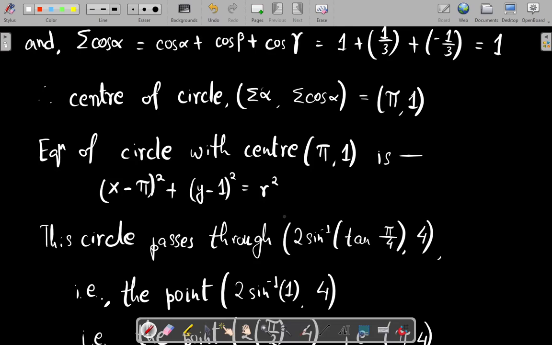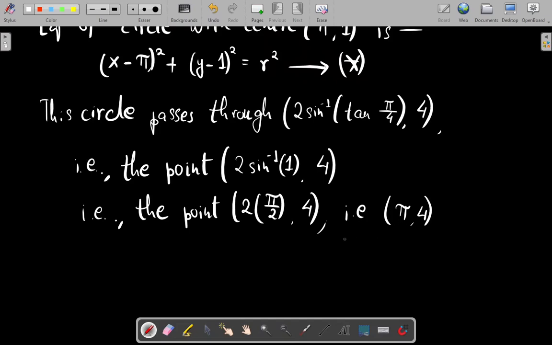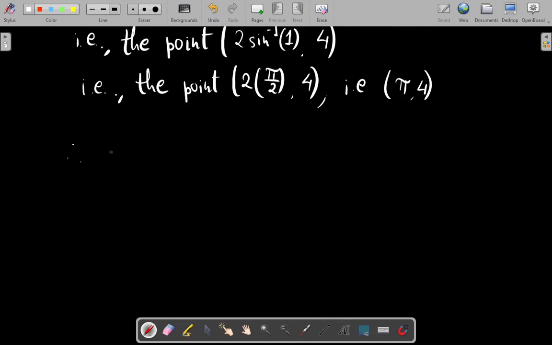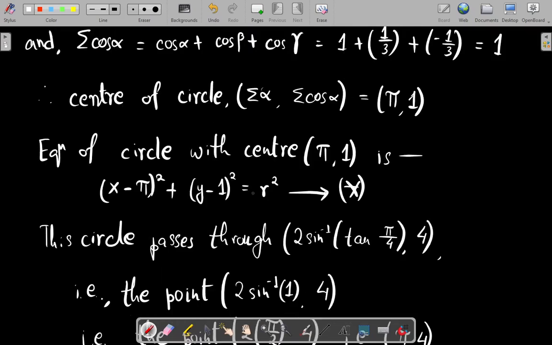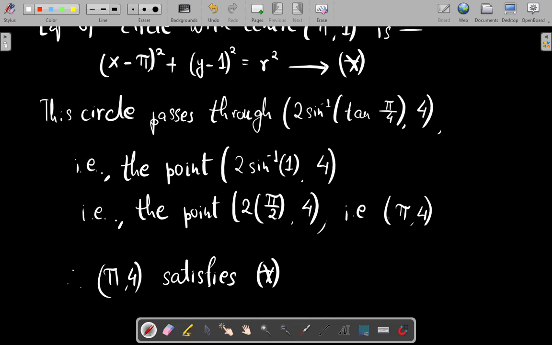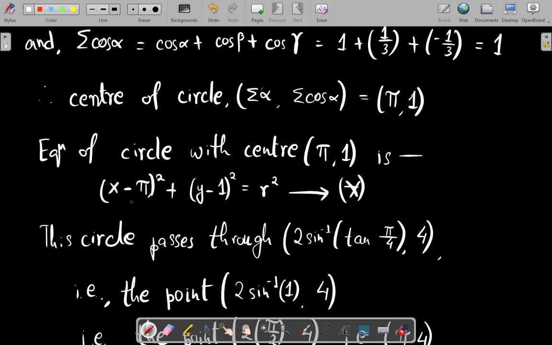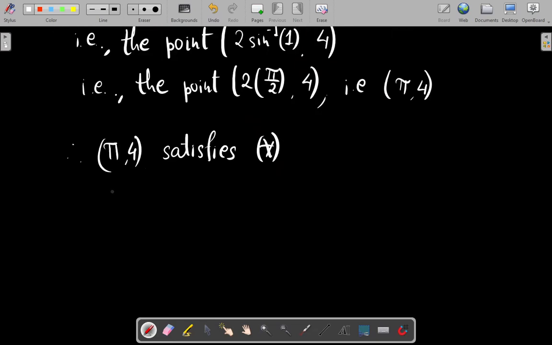So we are given that this circle passes through this point pi comma 4. Since it passes through this point, the point satisfies this equation. So we can substitute these coordinates in place of x and y, and we can find the value of r.